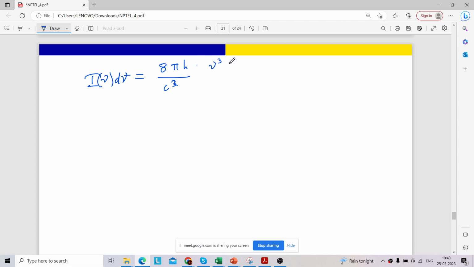So c cube and nu cube d nu, which I am writing as delta nu, and this distribution e to the power 5.3, I got 200.33. So this is e to the power of that value minus 1, which I got as 200.33 minus 1.